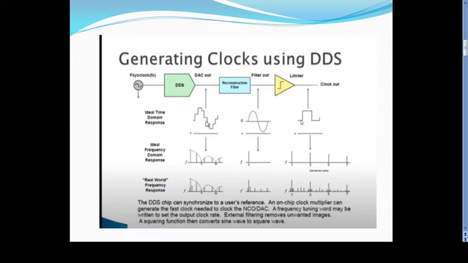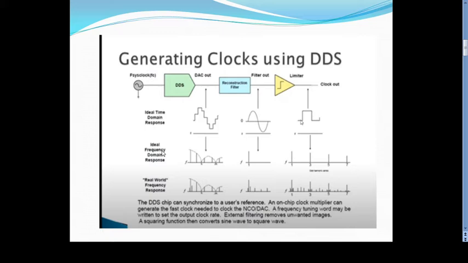The perfect shape of this output of the DAC has some spurious. In analog form, we want a sine wave. For that purpose, we use the reconstruction filter, and the output of the reconstruction filter is a sine wave, which is given to the limiter circuit, and the output of the limiter circuit is a clock pulse. So this is about the time domain.